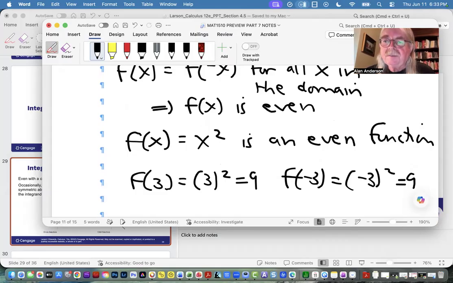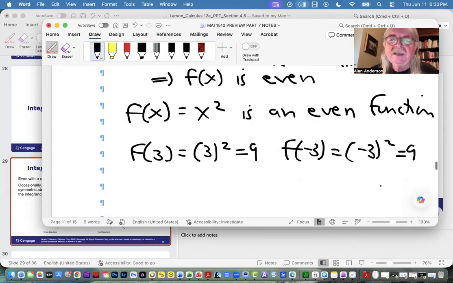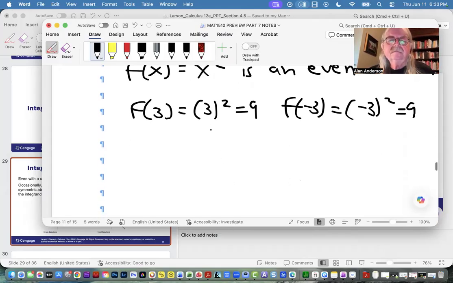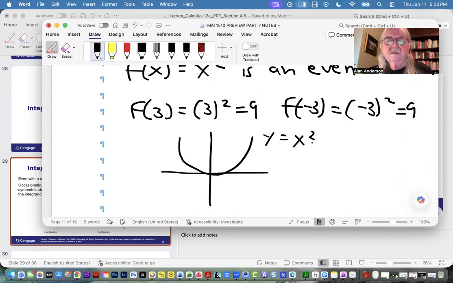And no matter what numbers I pick, the same thing will happen. They'll both be the same. And you can tell from the graph if the curve is symmetrical with respect to the vertical axis, that's how you can tell that it's an even function, meaning the left and the right are mirror images of each other.